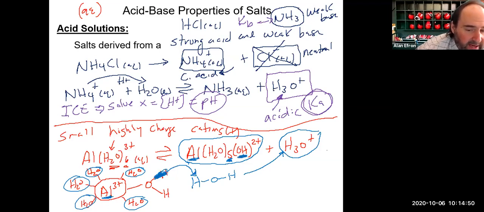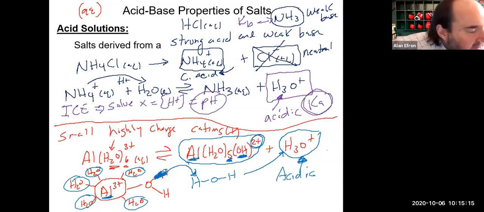That's OH minus, so -1 and +3 leaves us with a +2 left over. So that's where all the parts come from. But ultimately, the importance in terms of what we're talking about here is that we have now produced H3O plus. And H3O plus should tell us that this solution should be acidic, and we would expect an acidic solution in this case.